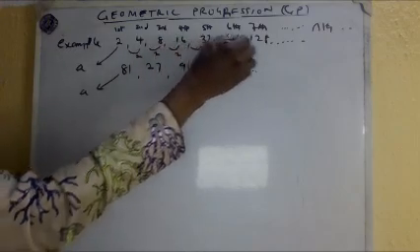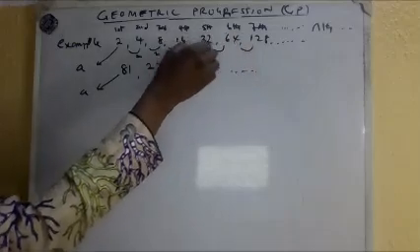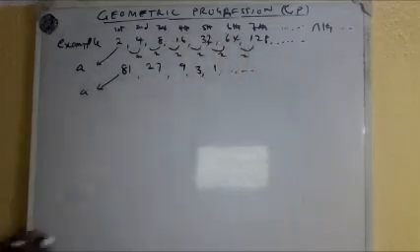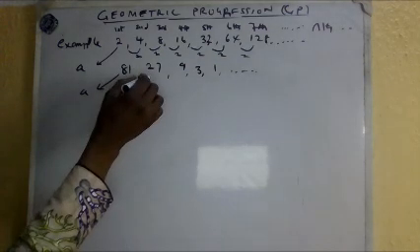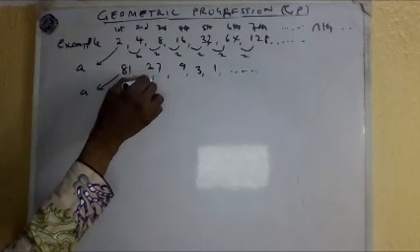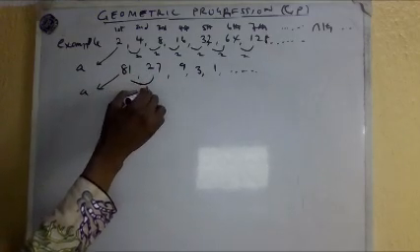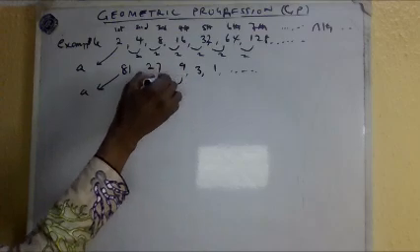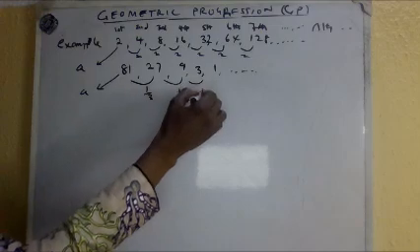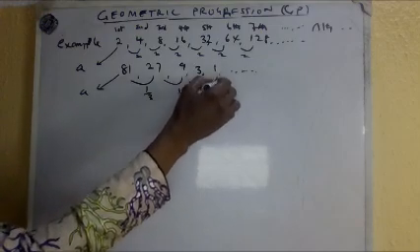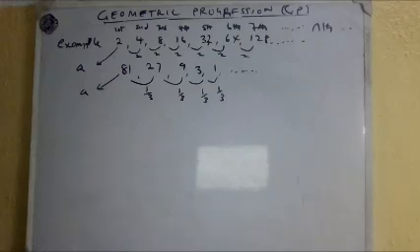If you see the division continuously like this, it's a constant number that comes out. That constant number is known as the common ratio. Same thing applies here. If I divide 27 by 81, I get 1/3. If I divide 9 by 27, I get 1/3. If I divide 3 by 9, I get 1/3. If I divide 1 by 3, I get 1/3. So 1/3 here is the common ratio.